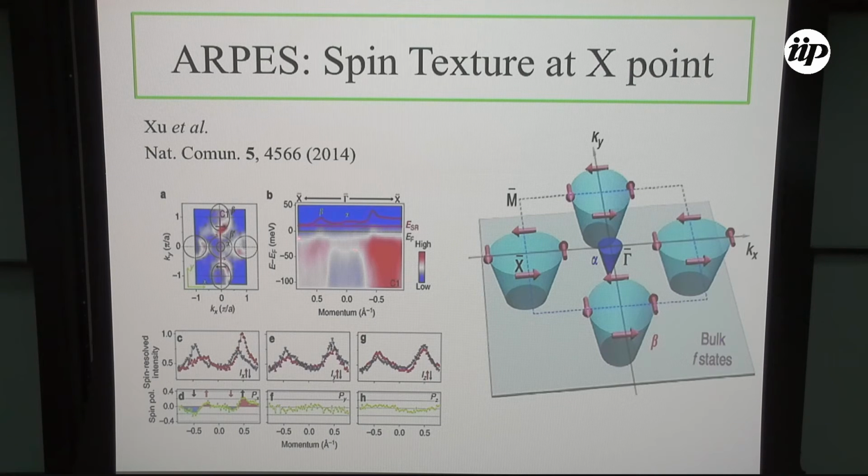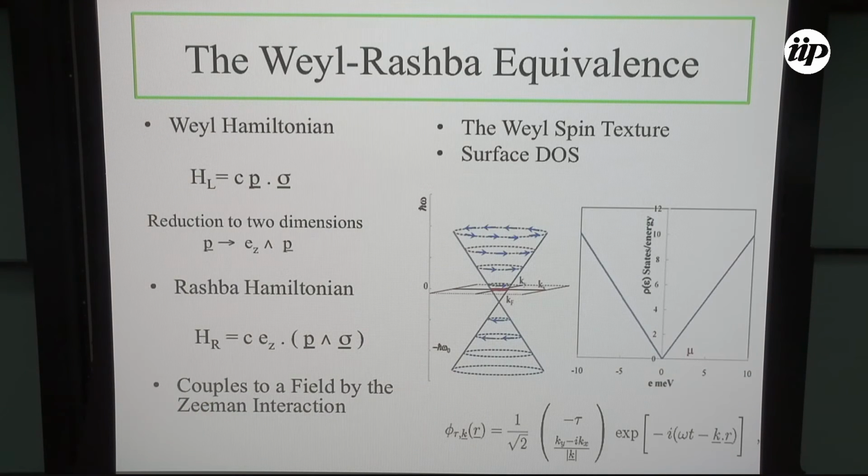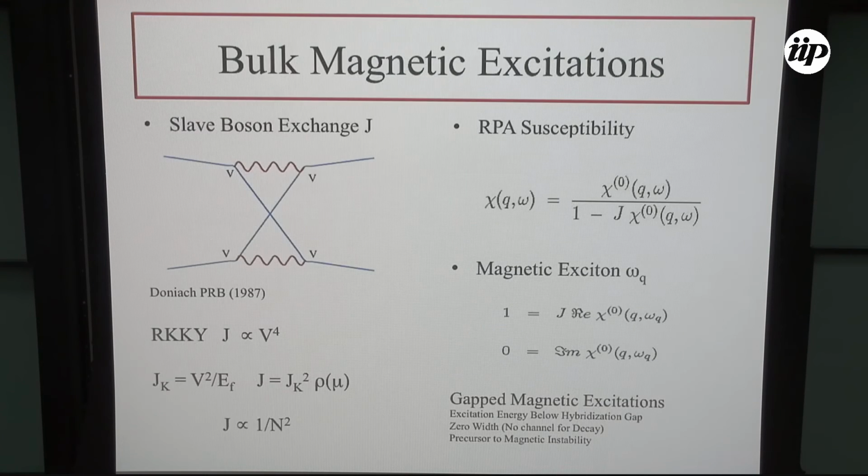The problem with this experiment is that you have the f level just below the Fermi level, which dominates the spectrum. So what they have to do is to look at the spectrum above the Fermi surface, which means you have to divide by the Fermi function, because ARPES usually just looks at the occupied portion of the density of states. So this is not the smoking gun. Okay, let me just skip that.